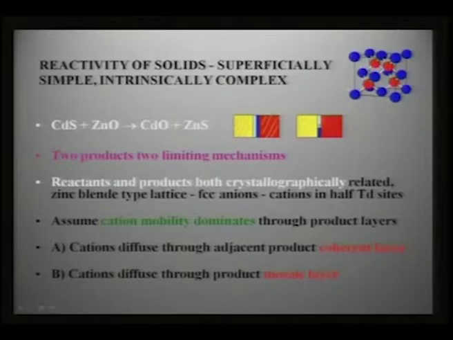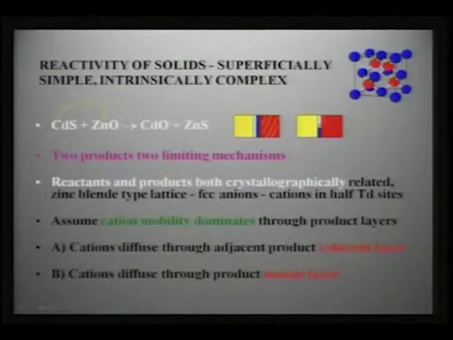So you have the anion close packing that is intricate, but cadmium has to diffuse into the zinc site and zinc has to diffuse into the cadmium site. It looks very simple, but it is a diffusion controlled mechanism where the cationic mobility dominates this conversion process. So this is a classic example of how the diffusion control mechanism holds a very important role in solid state synthesis.